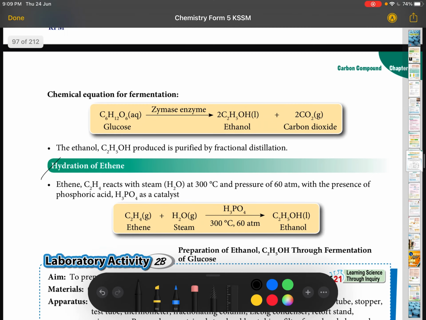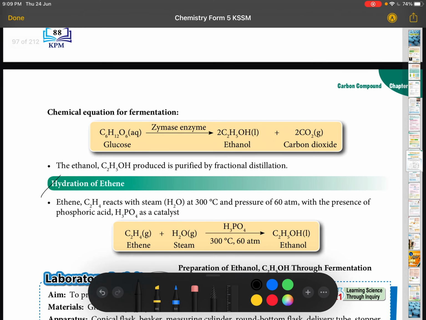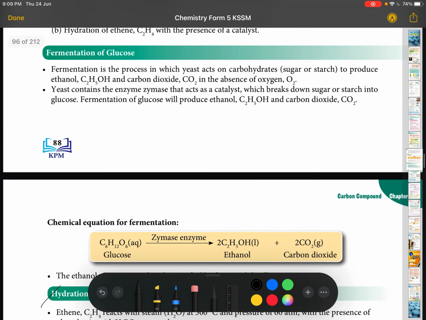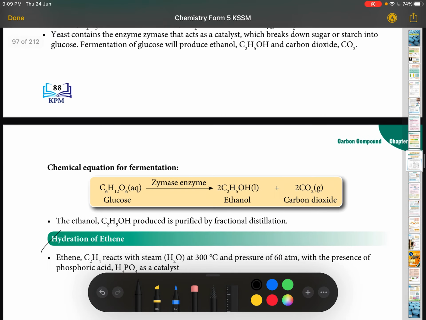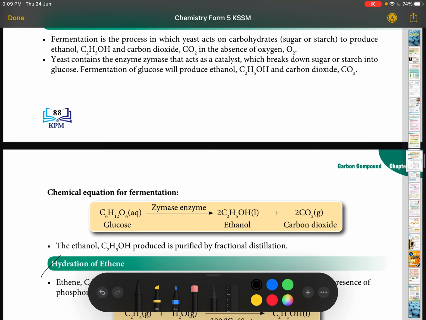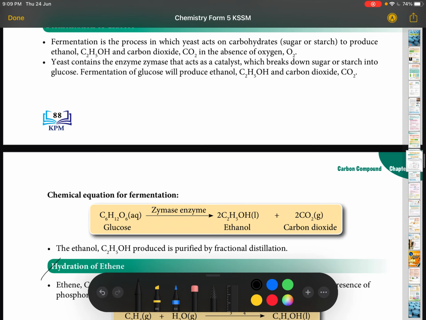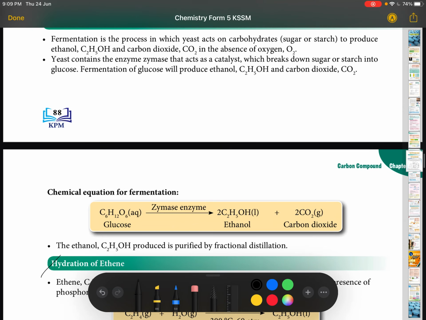But there's another way, which is fermentation of glucose. So in fermentation, the glucose is decomposed by zymase enzyme. Zymase is an enzyme that acts like a catalyst, and it changes glucose into ethanol and carbon dioxide.